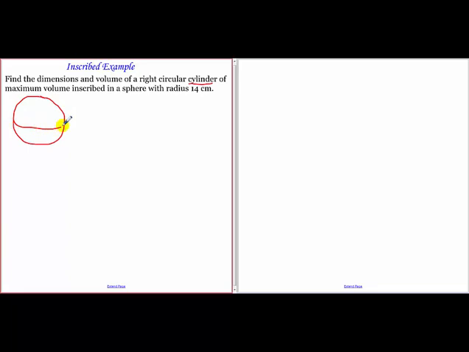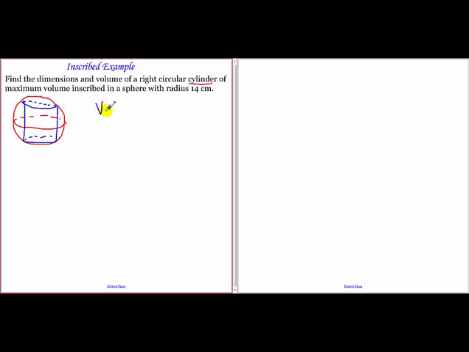So I have a sphere, and inside of that sphere, I'm going to inscribe a cylinder. Okay, and we're maximizing the volume of our cylinder.